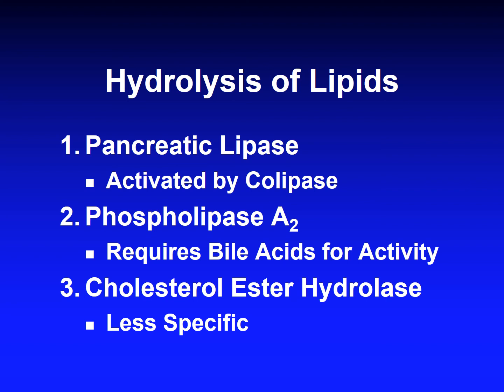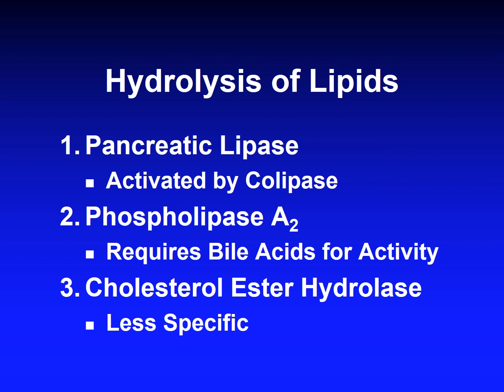Cholesterol ester hydrolase is a third enzyme that you will utilize to basically digest the fat droplets. So first of all, you go with the motility patterns to form fat droplets. After forming the fat droplets, you have three enzymes that will work: lipase, phospholipase A2, and then cholesterol ester hydrolase.